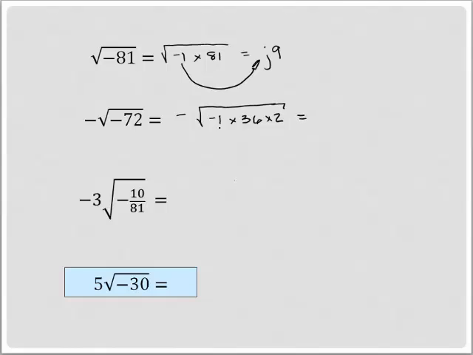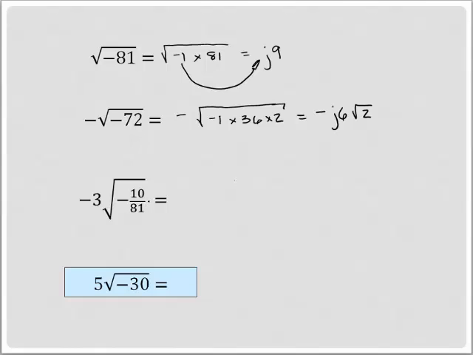So what can we take out? We carry that negative outside there. Don't forget that. The -1 comes out as j, and the 36 comes out as 6, and we still have left in there square root of 2. So that's a simplification of the square root of -72.